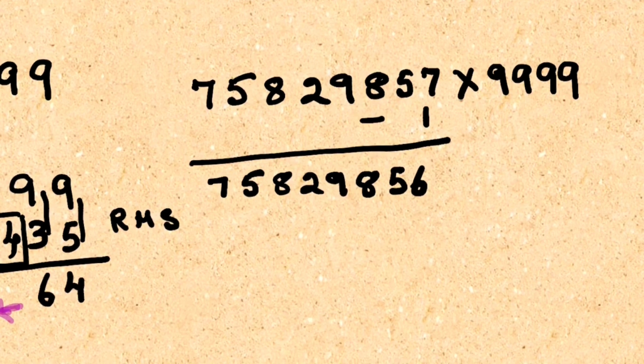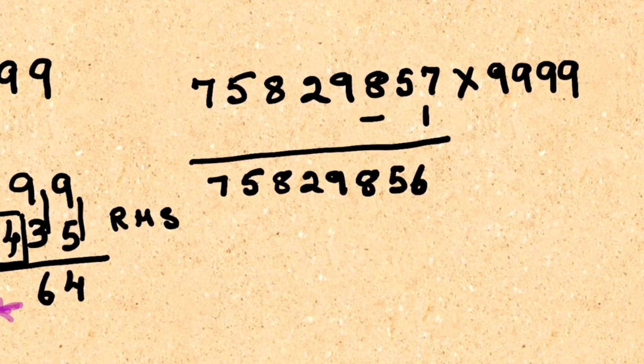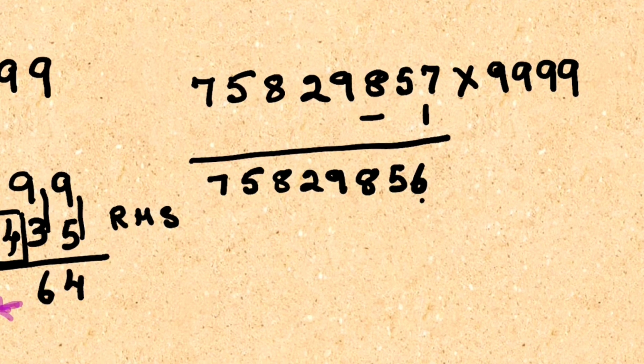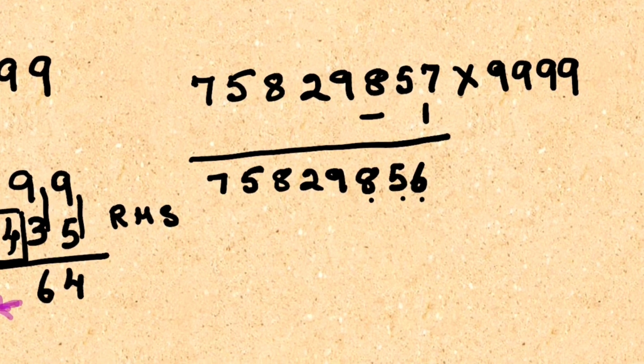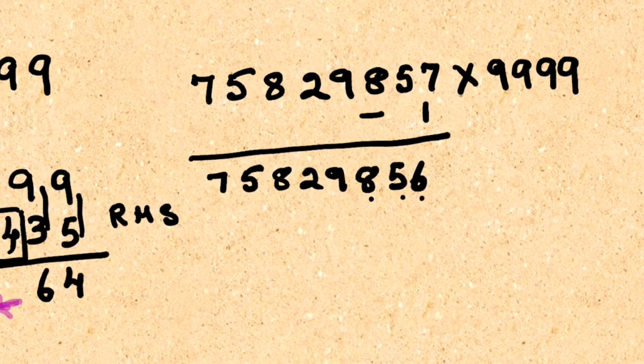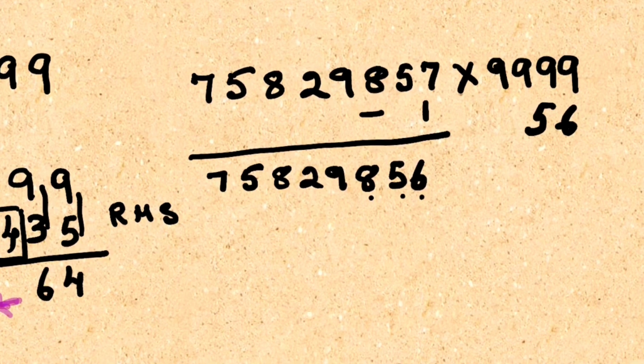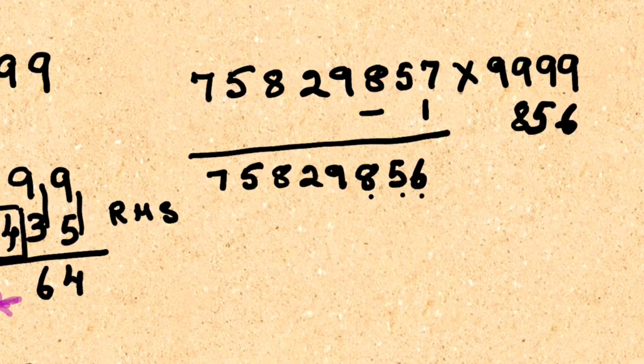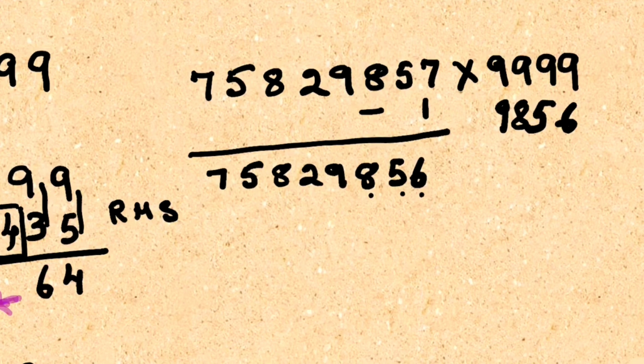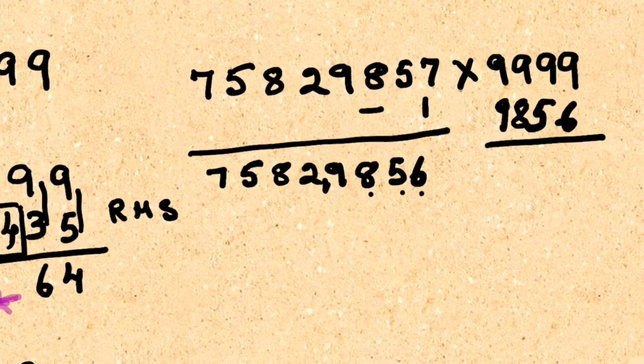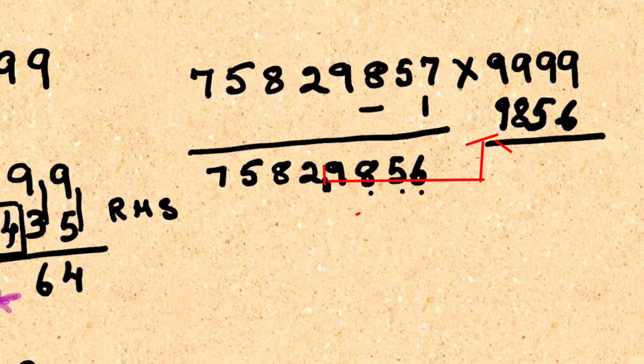But if we subtract these numbers, starting from these digits, 6, 5, 8, 9, only this much we can subtract from here.